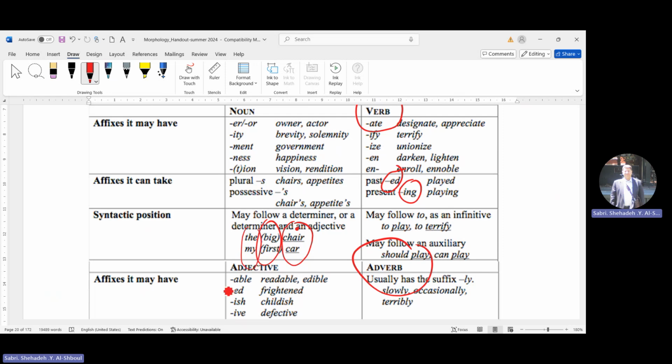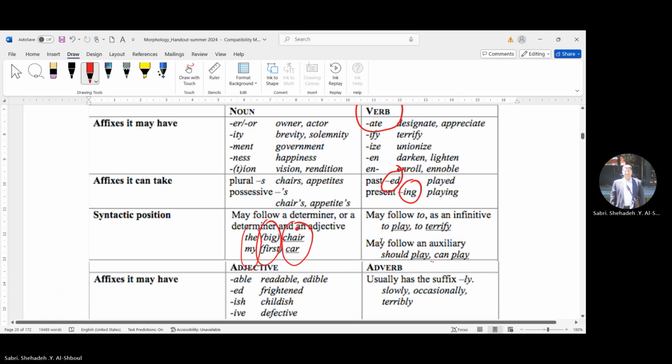The same applies to verbs. They follow the infinitival to, as in to play, to terrify. Also, they may follow an auxiliary, as in should play, can play, and so on and so forth.